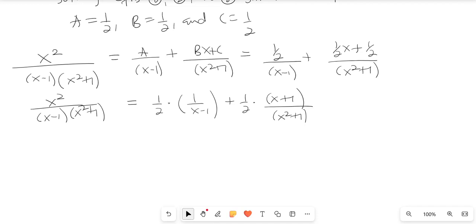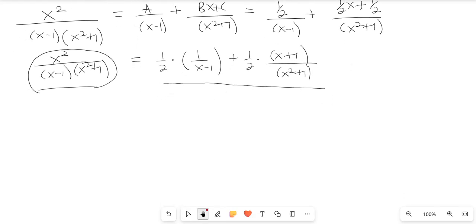So instead of integrating this equation, which is not integrable from the look of it, we are now going to integrate this equation, which I think is integrable. So let's split that.